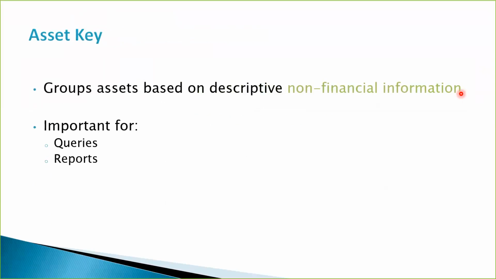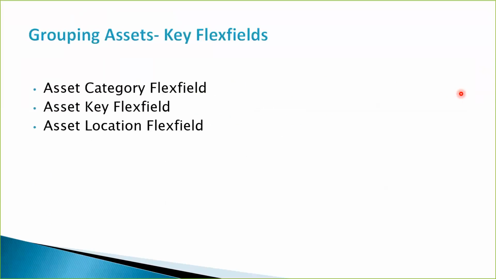And of course, we have the asset key, which is non-financial information. We also know now that in order to create these groupings, we have to make adjustments or to configure these Flexfields for each grouping, the asset category, the asset key, and the asset location. And each of these Flexfields has their own peculiarities and particular settings that you have to do.